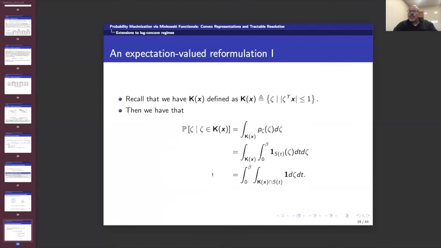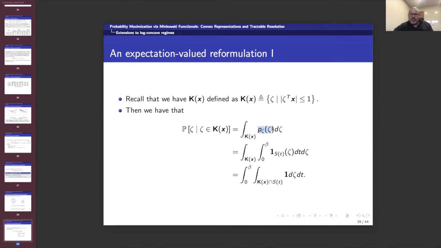And so then let's go back to our event. Our event in the setting A was defined as the set of zeta such that the norm of zeta transpose x is less than or equal to 1. So I can then define the original event as the integral of the density over K of x. That's just a re-articulation of what you have on the left.